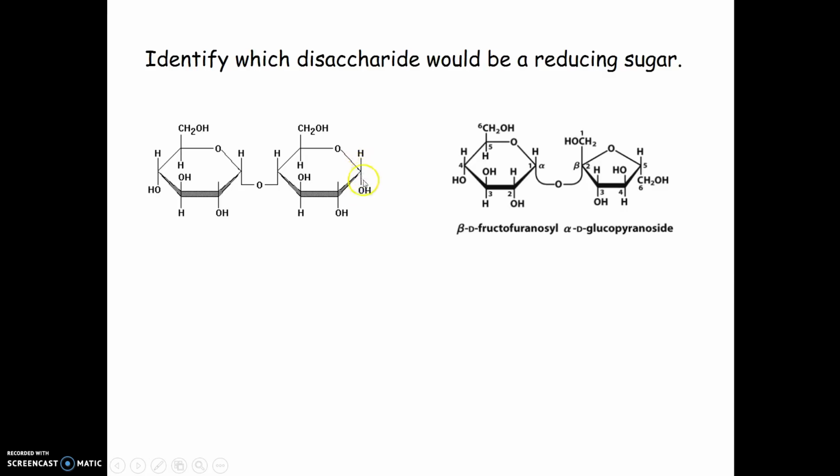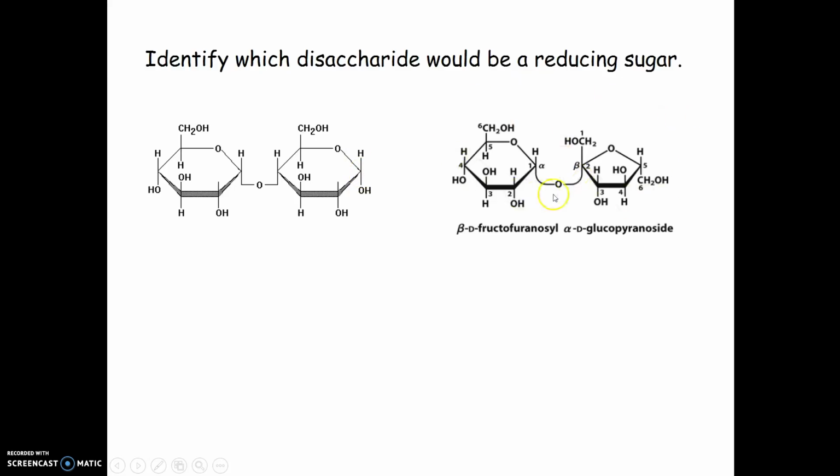And if we look at this sugar, we have an alcohol group here and a free hydrogen. So in this case, in a straight chain form, this would indicate that we are dealing with an aldose type of sugar, which can be oxidized. And therefore, it would be referred to as a reducing sugar.